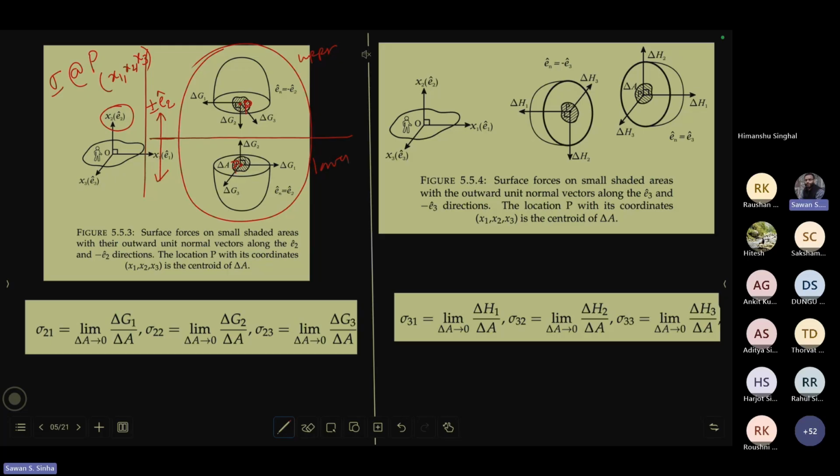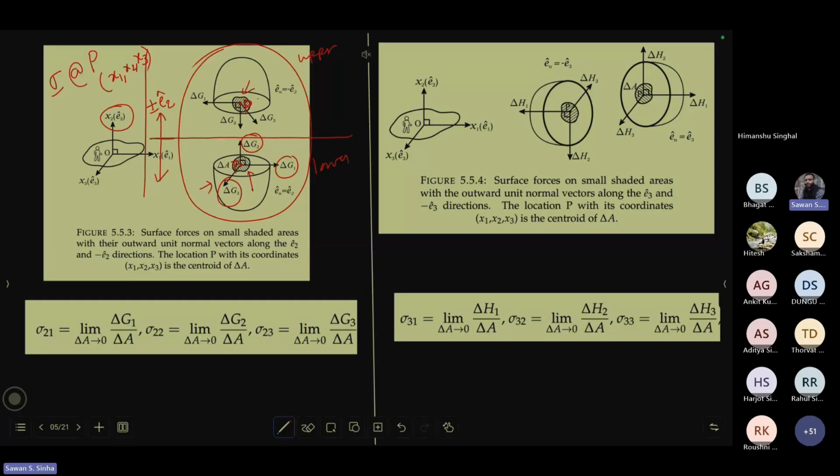Once I get two freshly cut surfaces, again I take small areas there, delta A, shaded areas here, and then I recognize that the force acting on the lower half due to the upper half will in general have three force components: delta G1, delta G2, and delta G3.